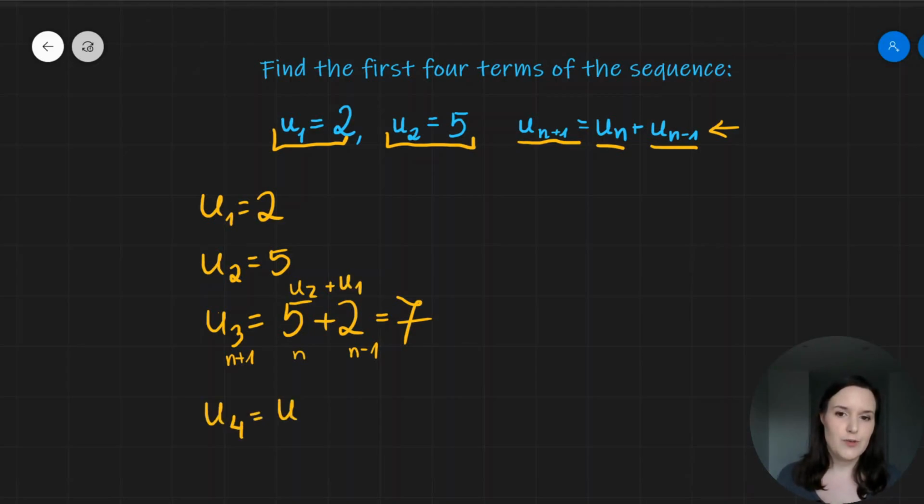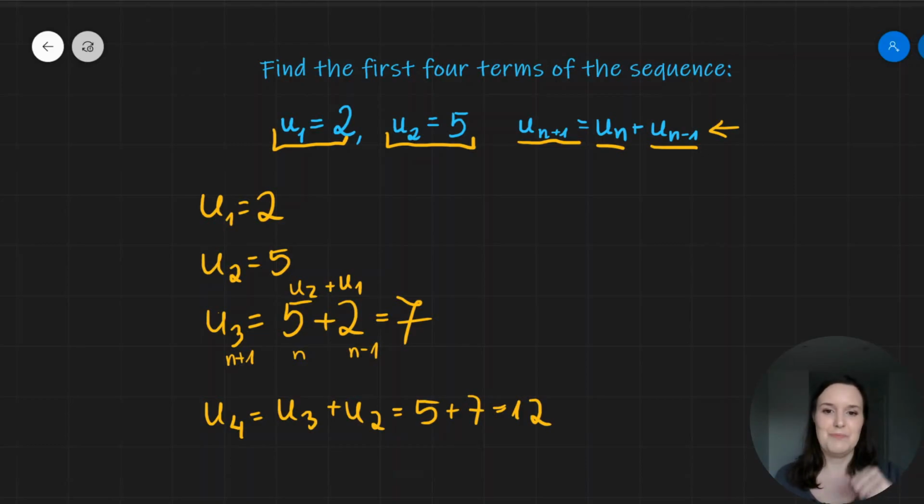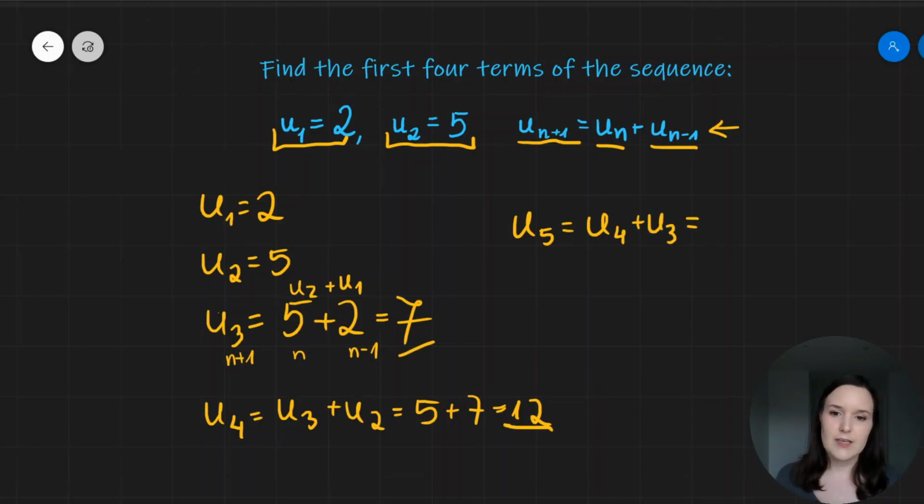U4 will be U3 plus U2, that's 7 plus 5, which is 12. One more. Let's find U5. That will be U4 plus U3, 12 plus 7, which is 19. And there you go. You can find even more terms using this formula.